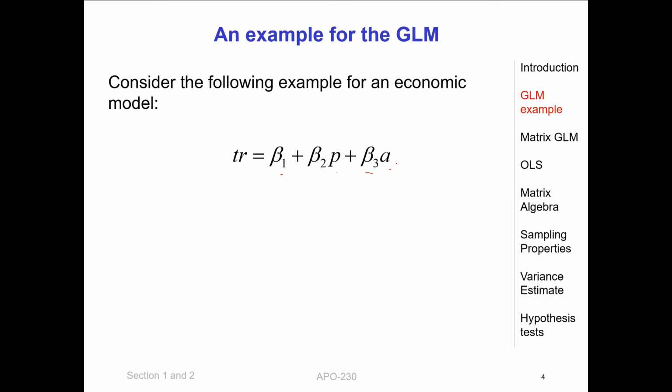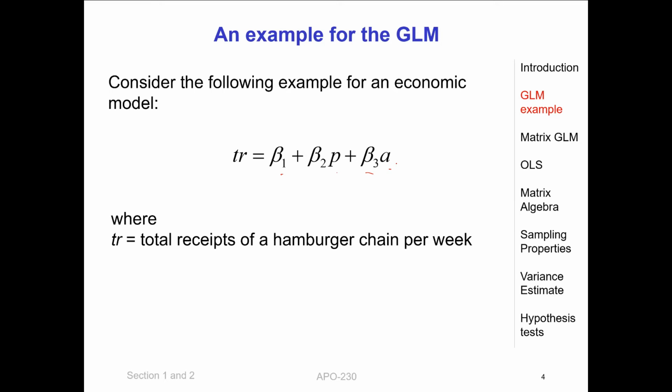And here, the problem we have is the total receipts of a hamburger chain per week that we're interested in estimating, or finding the relationship with the price, the average price of the menu items in that week.